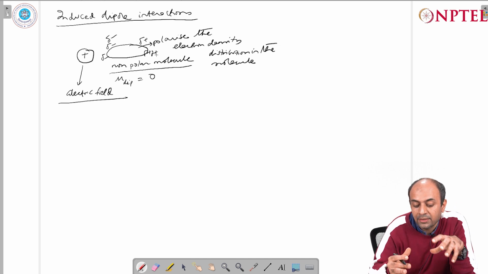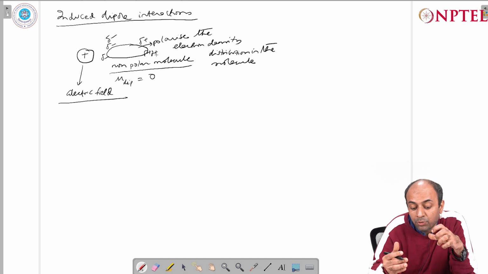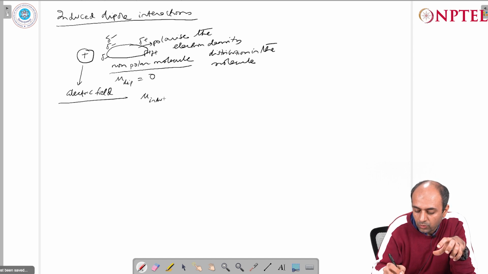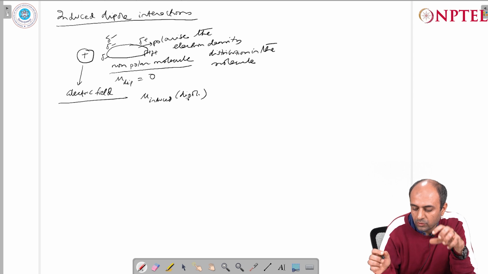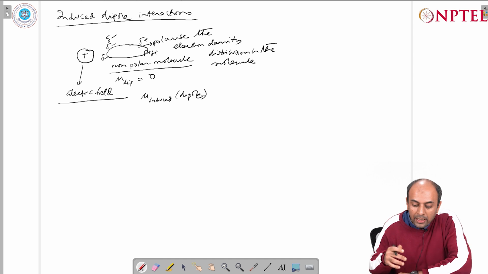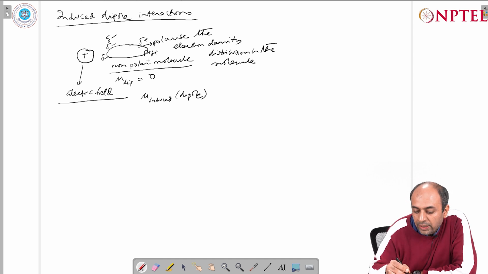So now you see that there is an induced dipole. There is a dipole which is created in this non-polar molecule, and this is called the mu induced dipole. The ability to polarize the electron density depends upon the polarizability of the molecule.